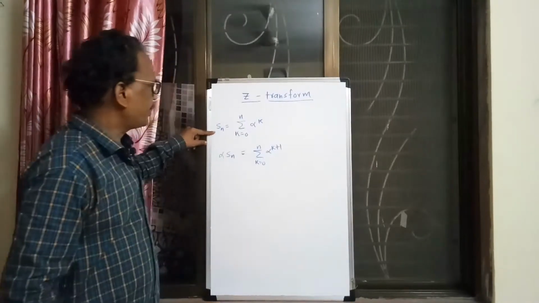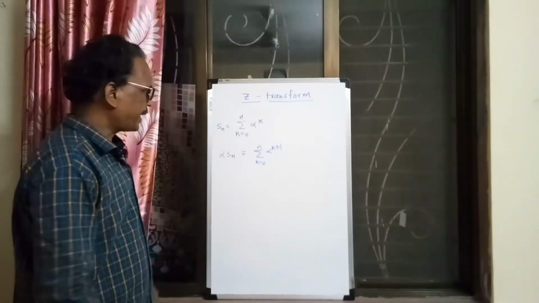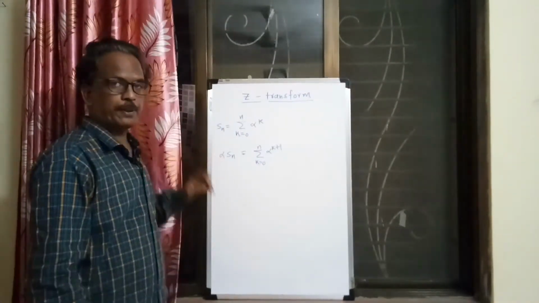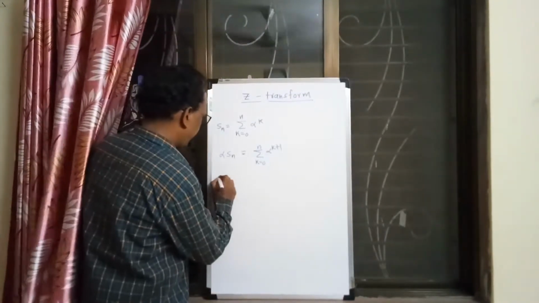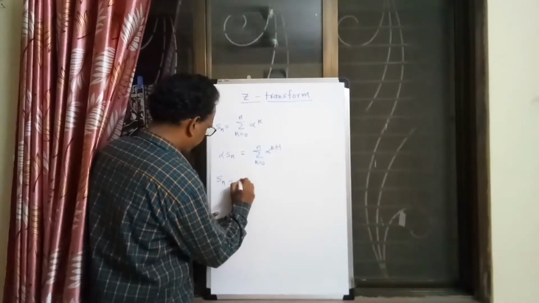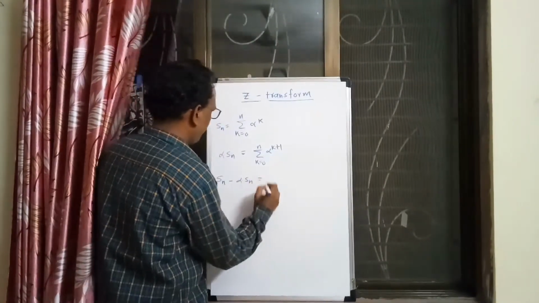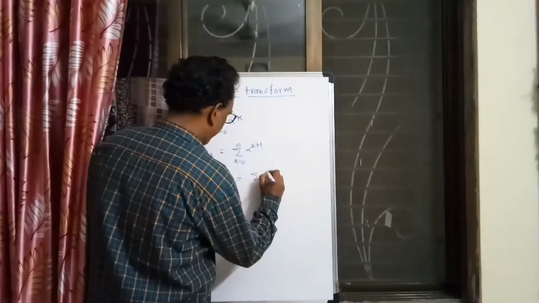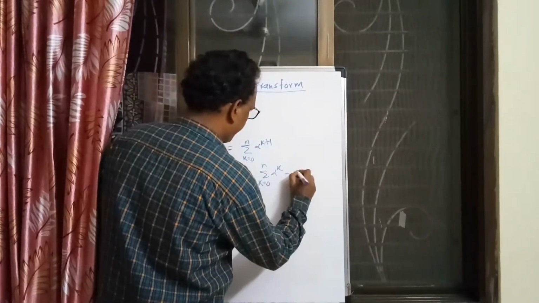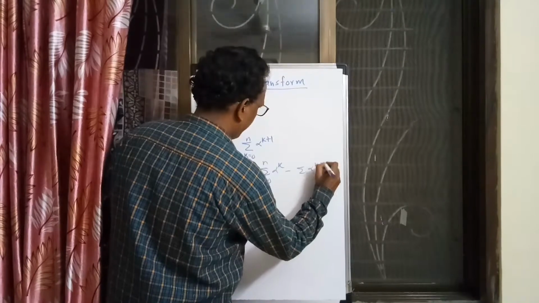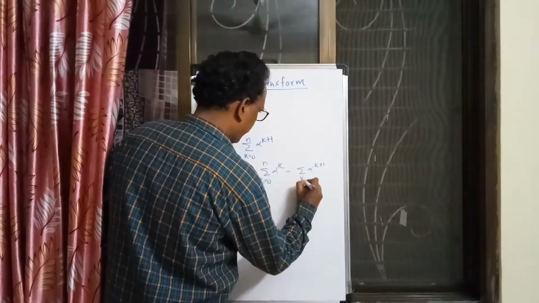Only this equation I multiplied by alpha. Now subtract equation 2 from equation 1. So you get Sn minus alpha into Sn equal to the summation of alpha raised to k, k equal to 0 to n minus 1, minus alpha raised to k plus 1, k equal to 0 to n.